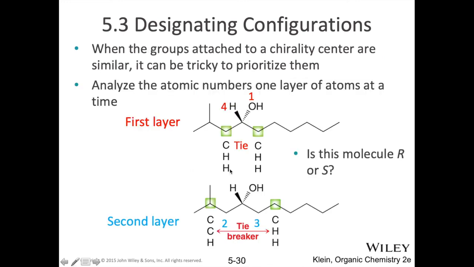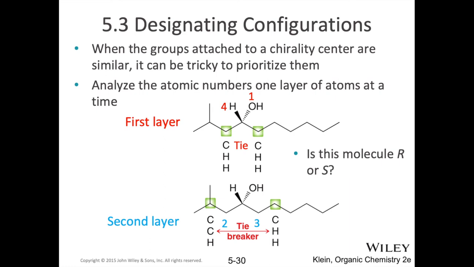All right, so what do we do when we have tiebreakers? We've already looked at this in the case of that methyl group and the ethyl group, right? If you have only low priority atoms attached to something and the other group has higher priority atoms attached to that group, that would be a tiebreaker, right?